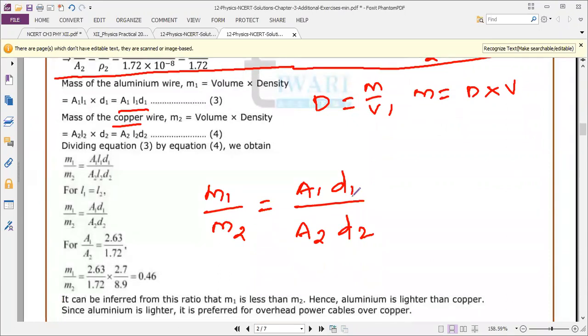The ratio of M1 and M2 is 0.46. So based on this value you can understand the aluminum is lighter than copper. So that is why we are using aluminum for the overhead power cable over copper.